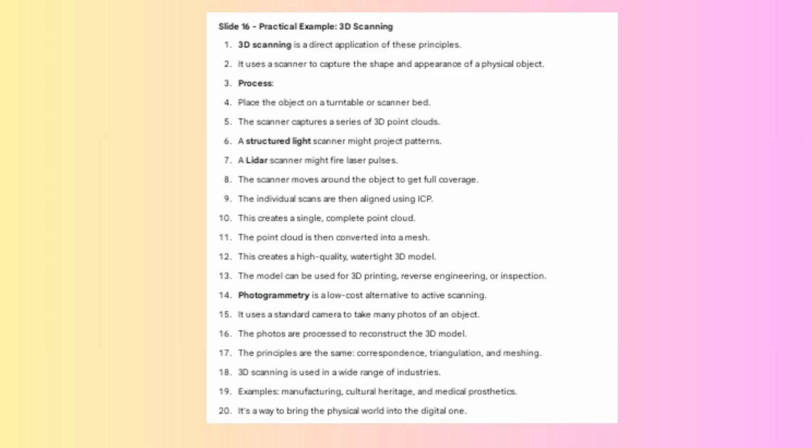This is how many of the 3D models you see in movies or video games are made. So, 3D scanning is a great way to bridge the gap between the physical and the digital world and has a ton of applications, from manufacturing to creating medical prosthetics.